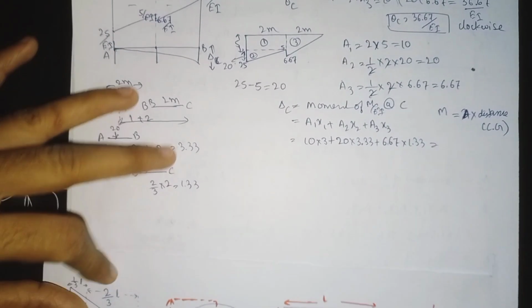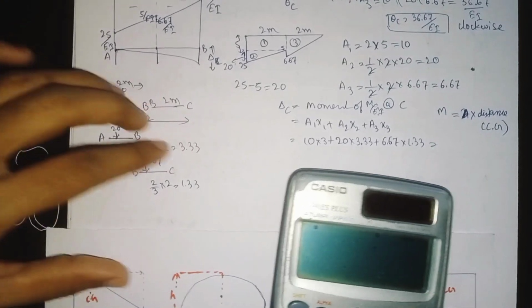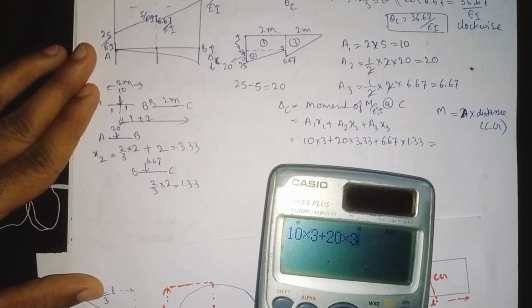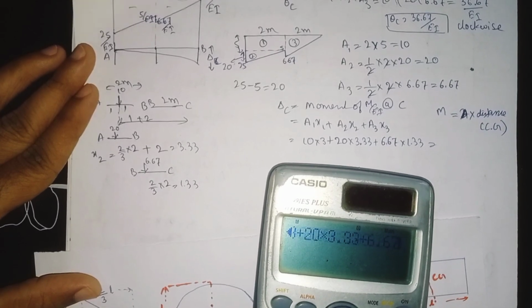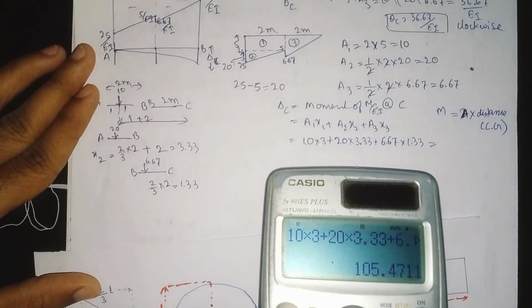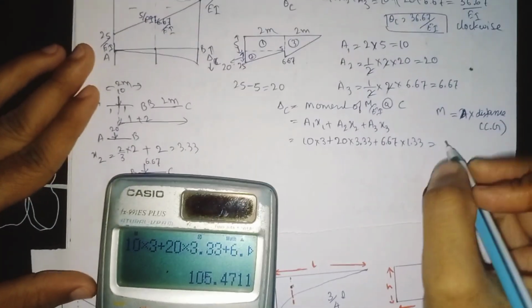Now you can add all this: 10 into 3 plus 20 into 3.33 plus 6.67 into 1.33. If you do, the value will come to 105.47.